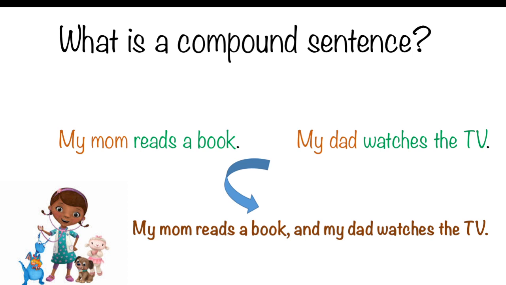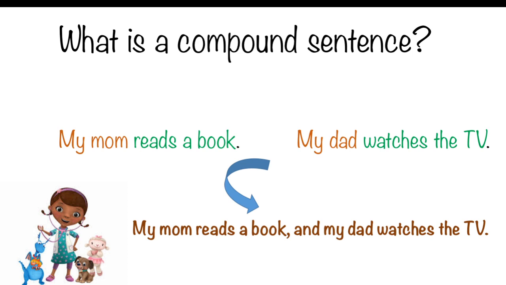A compound sentence is a sentence that is made of two simple sentences. What? Yes, that's difficult to understand. So I will explain it in an easier way. Look at this sentence: My mom reads a book. Do you remember at the beginning of the school year I told you that a sentence is a group of words?